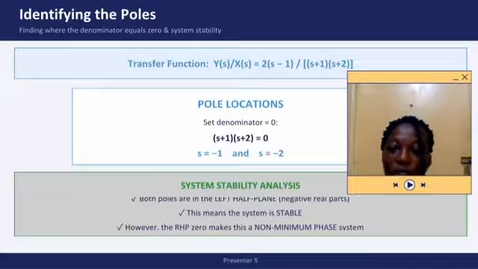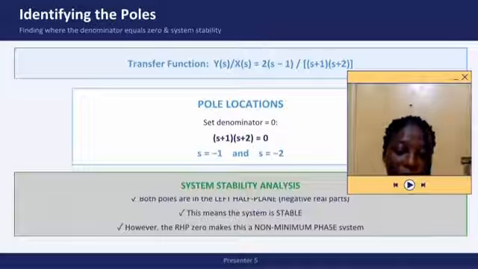That is due to the fact that on the right half plane, we have a zero at s equal to +1. That makes the whole system a non-minimum phase system.